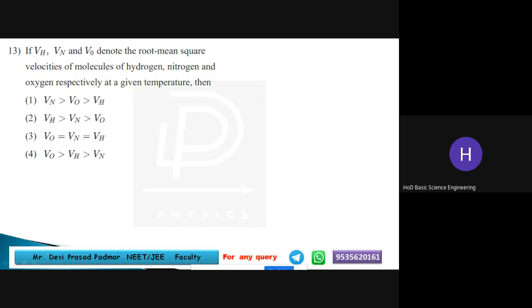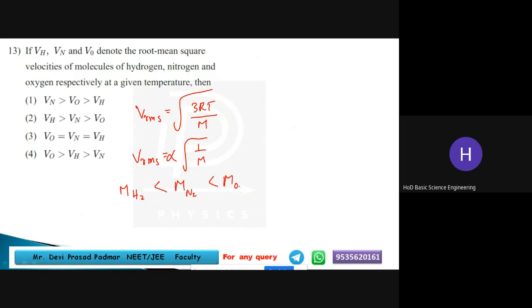General question. You know the expression for Vrms, that is root of 3RT divided by M. So Vrms is directly proportional to 1 by root M. Mass of hydrogen is less compared to mass of nitrogen, less compared to mass of oxygen.